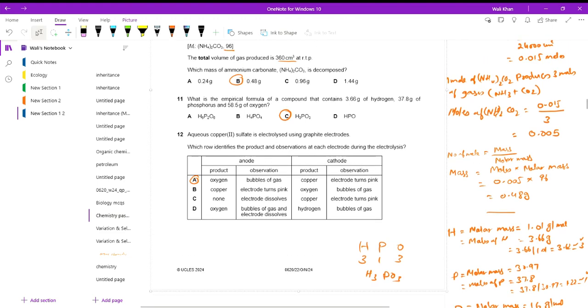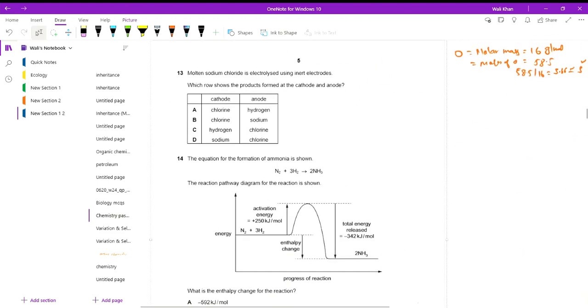Okay, next question. Question number 13. Molten sodium chloride is electrolyzed using inert electrodes. Which row shows the product formed at the cathode and anode?